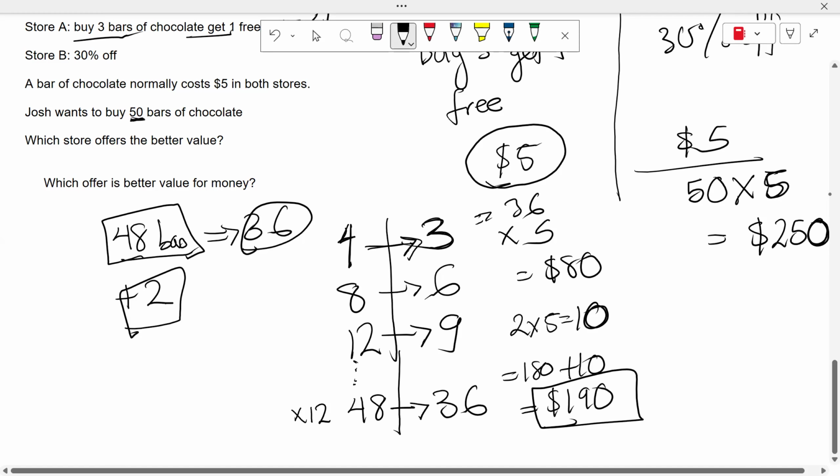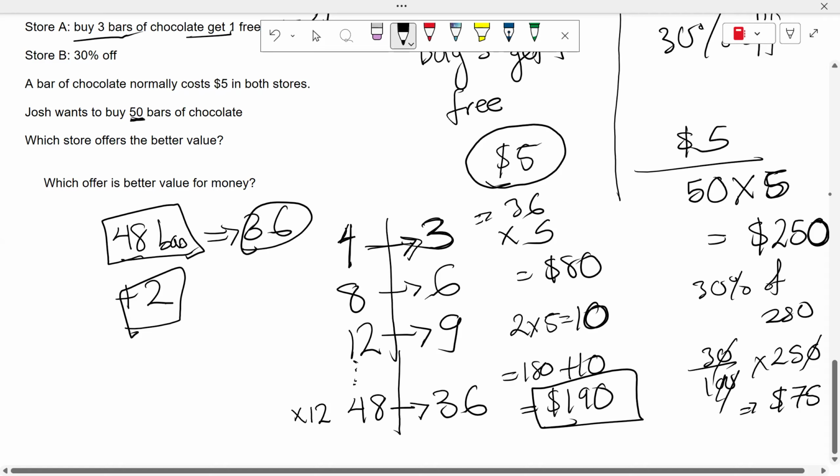Now 30% off. What is 30% of 250? That will be 30 over 100 times 250. Get rid of the zero here, get rid of this zero. That comes to $75.